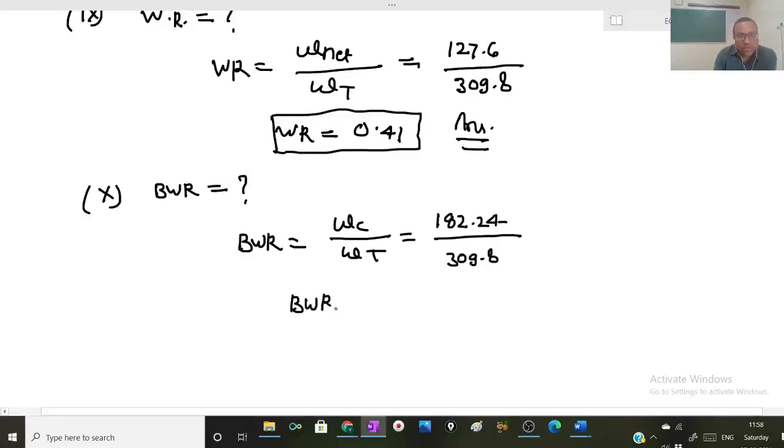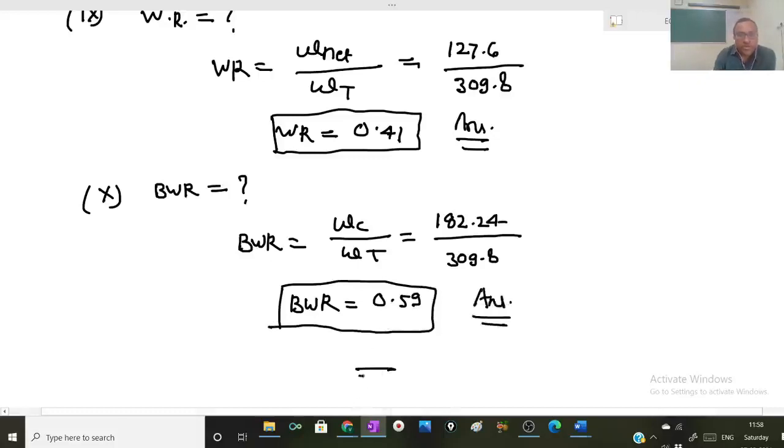So back work ratio is nothing but 0.59. This way you can solve such numericals on closed cycle gas turbine or even simple open cycle gas turbine.